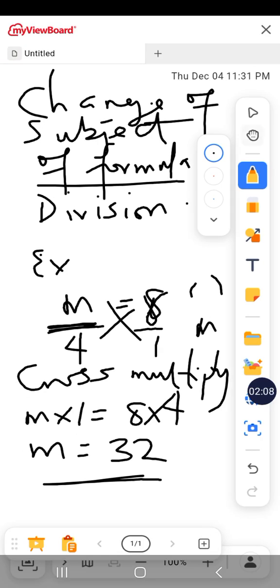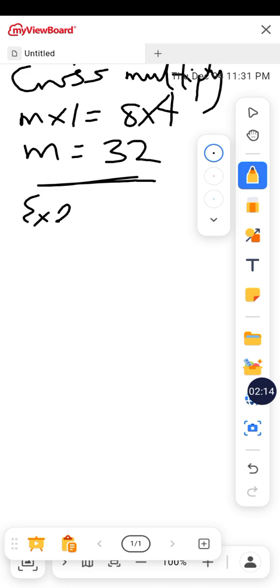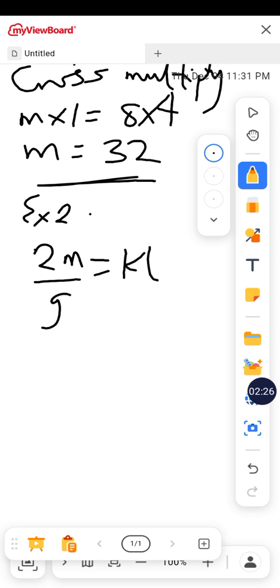Okay, so let us look at another example, still under division. Let us look at our example 2. I'm given 2m over g equals kl, and I'm asked to make g the subject of the formula. How do I go about this?